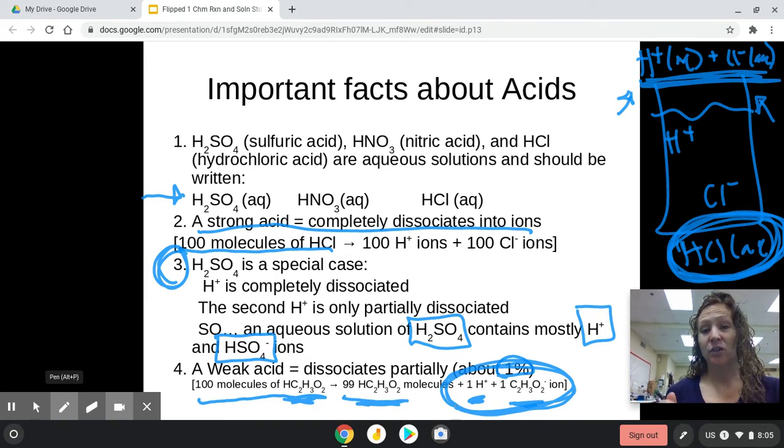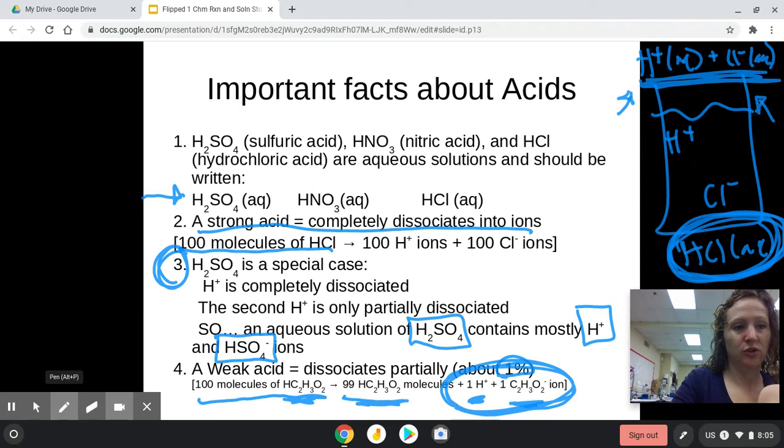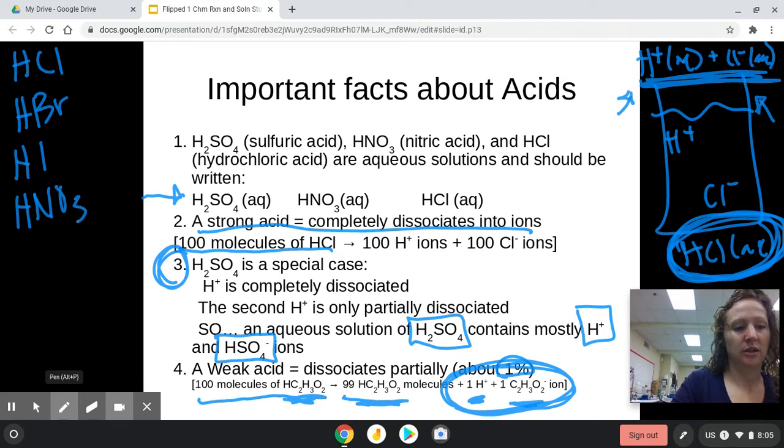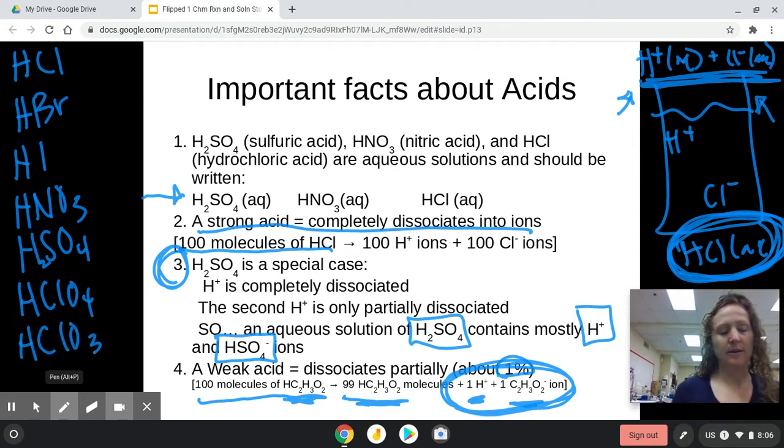Okay, again, you need to know your list of strong acids. So strong acids include HCl, HBr, HI, HNO3, H2SO4, HClO4, and then some people also include HClO3.